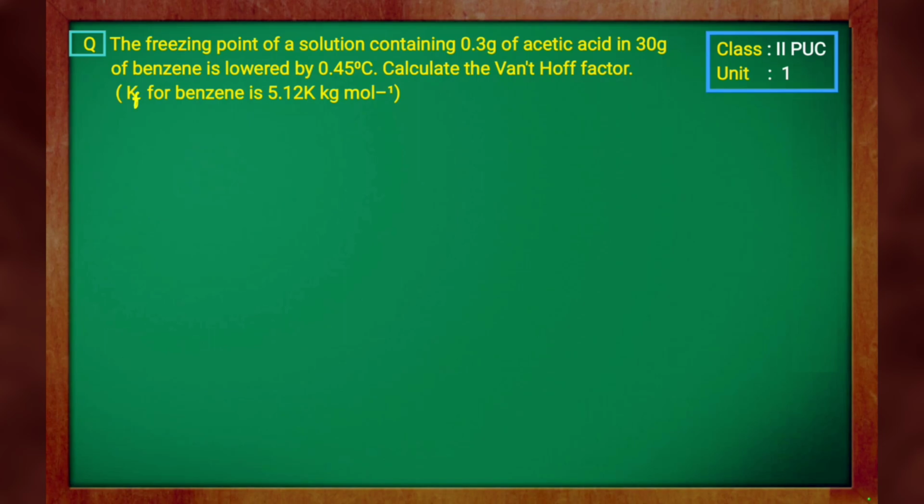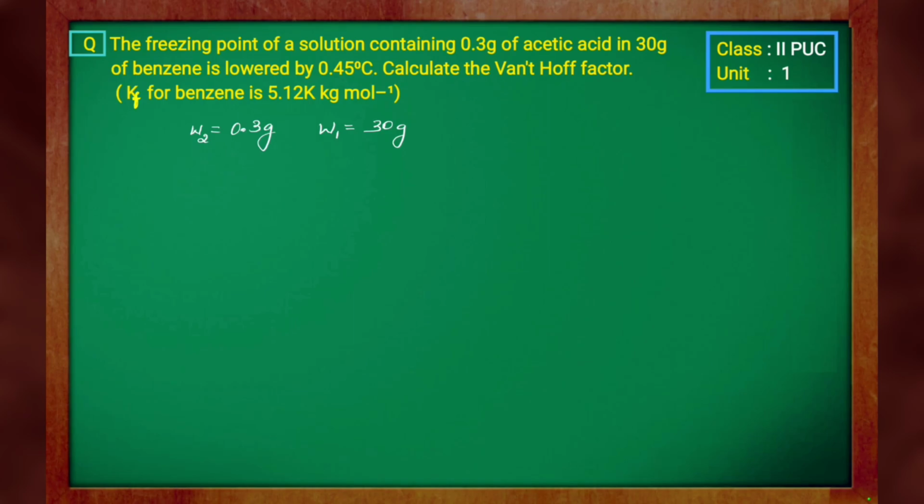Let's list the things that are given. The solution contains 0.3 gram of acetic acid, so acetic acid is the solute here. Therefore, W2, the mass of acetic acid, is 0.3 gram. We have 30 gram of benzene, so benzene is the solvent, and its mass W1 is equal to 30 gram.